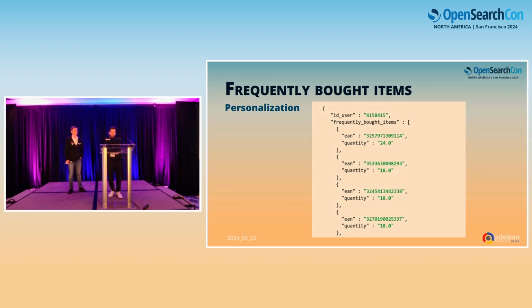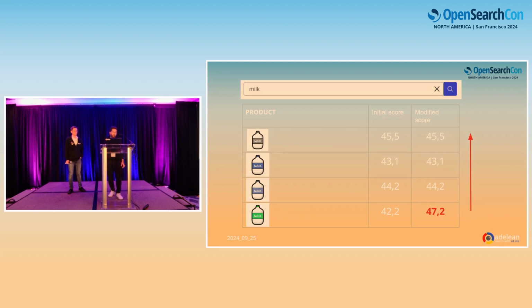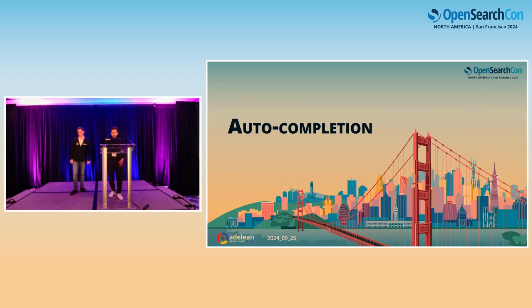So we have this data, and we have the frequently bought items of the users. So we can also use function score to boost them, not really in the first position, but to boost them so that the users are very happy. So when they search for some items, they find that the products they use are in the first position, and they will not have to search a lot for them. Yes, function score, really the Swiss Army knife.